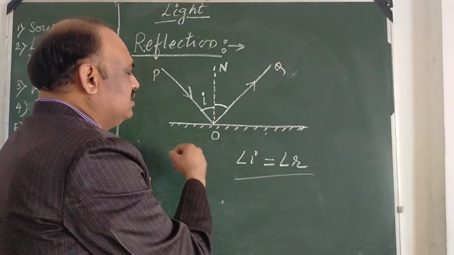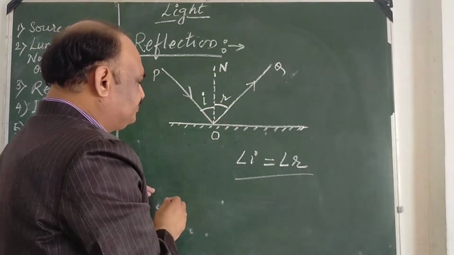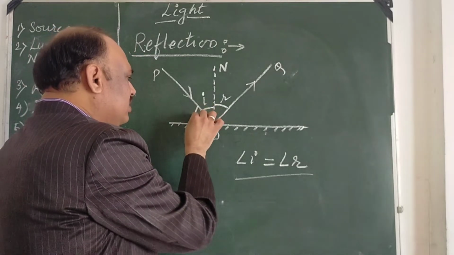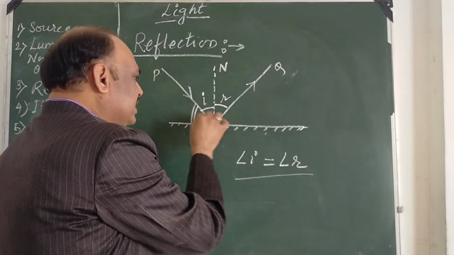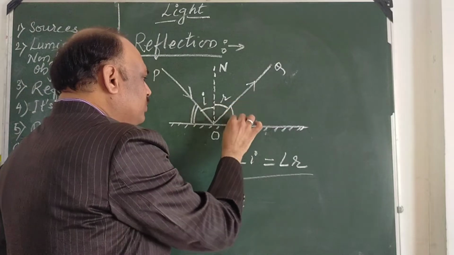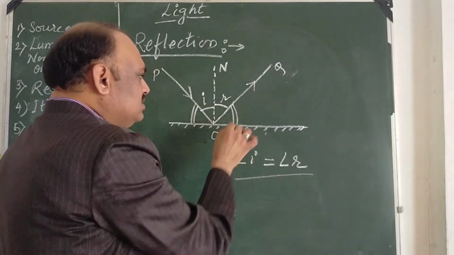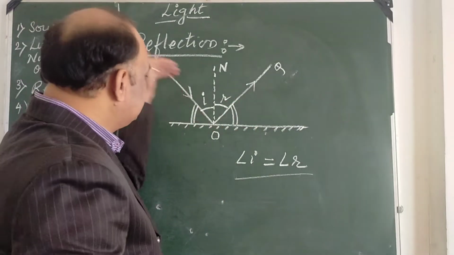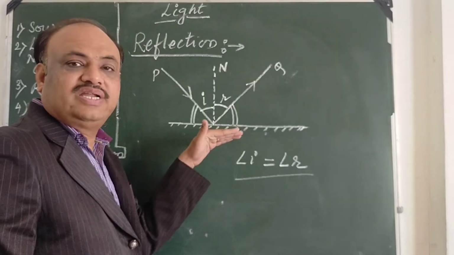So these are the angles I and R. Apart from that, I have other angles, these angles. Very few people talk about these angles. These are the angles made by the incident ray with the reflecting surface.